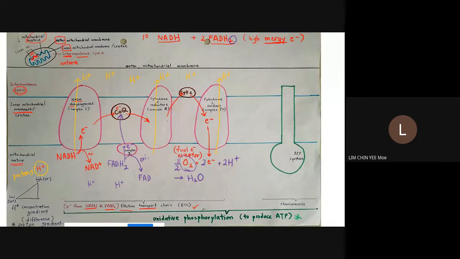And this will cause the concentration of hydrogen ions or protons to be high or low dekat intermembrane space. High. Very good. Whereas for mitochondrial matrix pula sebab hydrogen ions, protons dah keluar, so dia dah jadi low concentration of H+. Good job. So far, so good.